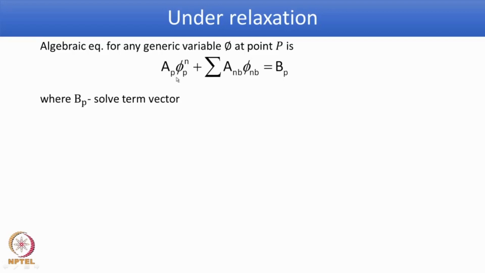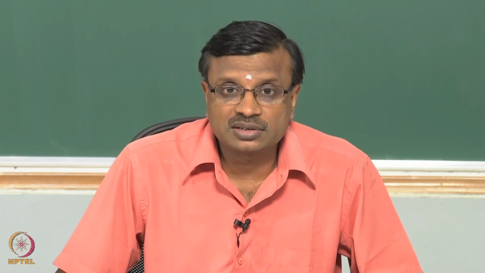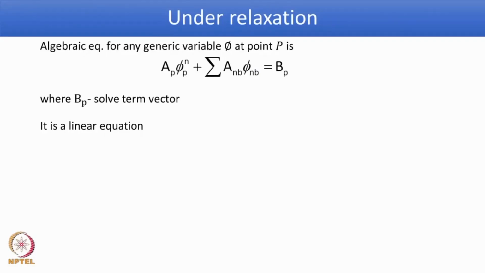In this, the subscript p is used for the node of interest. If you solve this equation, then you get phi at the node of interest p at the current time level n. Now, the question is whether to use that value as it is or whether you can relax a little bit and then use it for the next iteration.